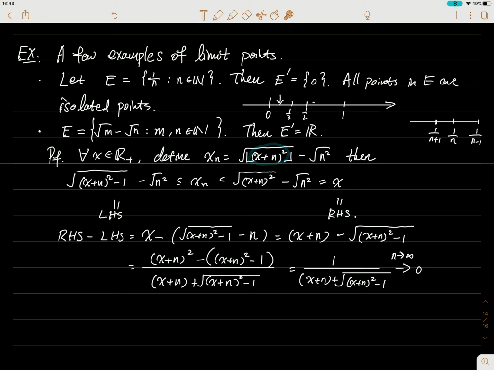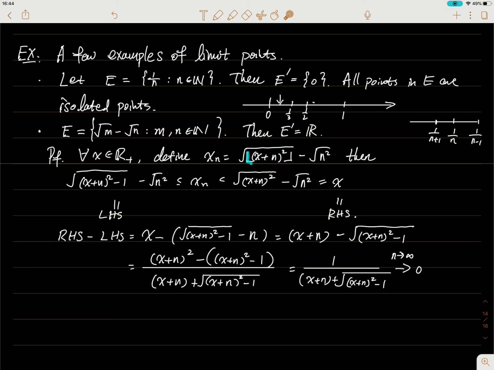So I take the floor of this number. The floor means the largest integer that is less than or equal to this number. For example, if this number itself is an integer, then the floor is just the integer itself. But if this number is, for example, 2.3, then taking the floor will give you 2, only the integer part.